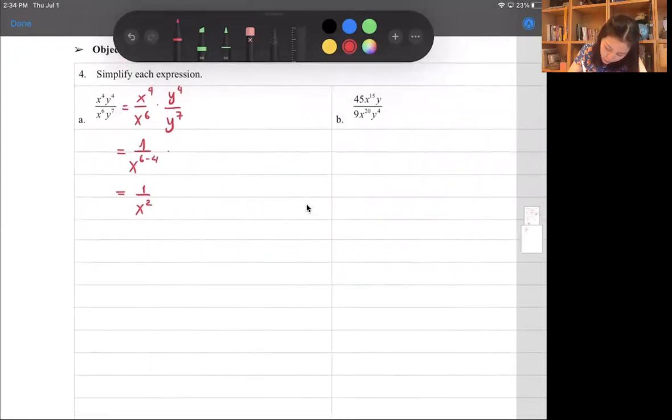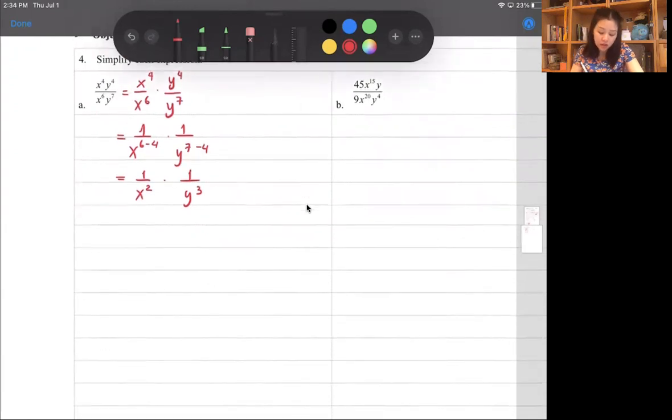Again, the exponent of the denominator is bigger than the exponent of the numerator. So it's 1 over y to the 7 minus 4, which is 1 over y cubed. Now you may rewrite it to make it a little neater. So this is 1 times 1, which is 1, over x squared times y to the 3rd in the bottom.